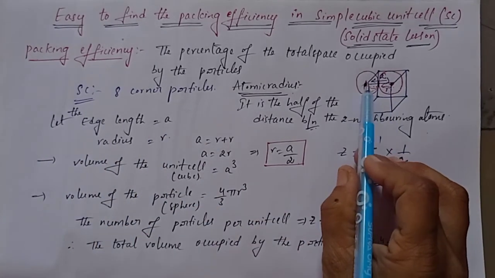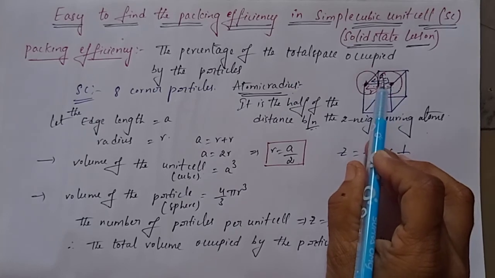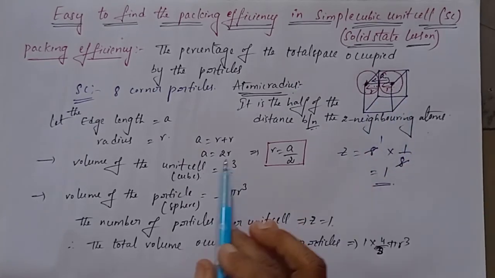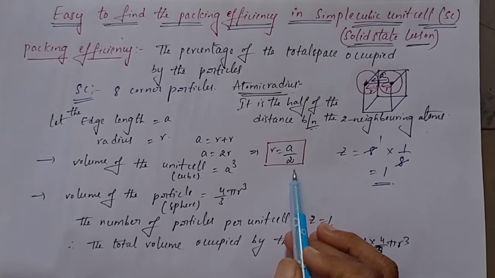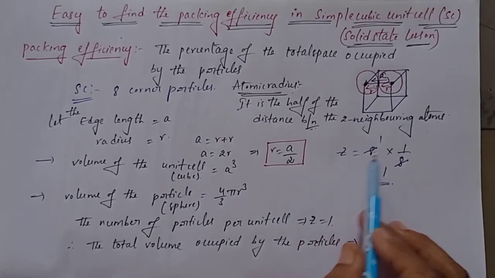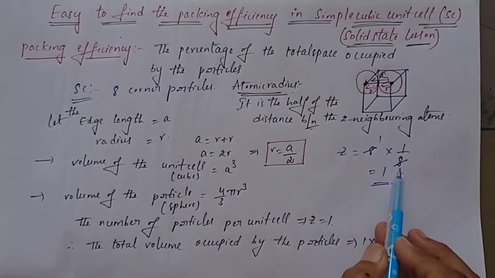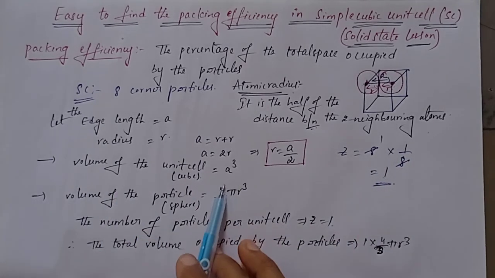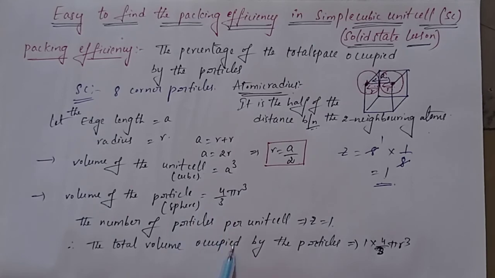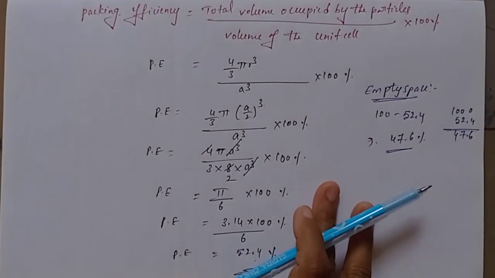Then the edge length from corner to corner is a = r + r = 2r, so r is equal to a/2. In the simple cubic unit cell the Z value is 1, because there are 8 corner particles and each particle's contribution is 1/8. The volume of the unit cell is a³, then the volume of the particle and the number of particles. Afterwards we calculate the packing efficiency.